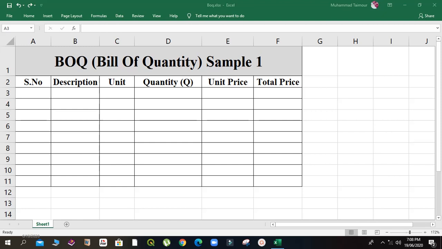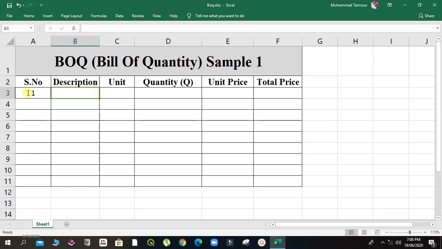In units we write the units of the product in which the products or materials are available in the market. And in quantity we write their quantity, then unit price and total price.